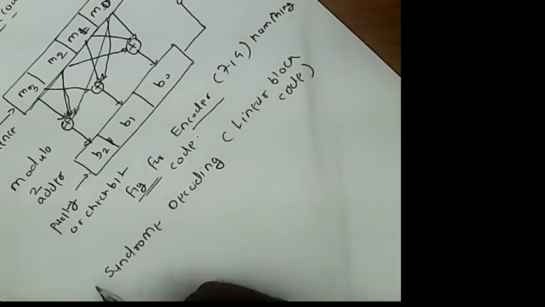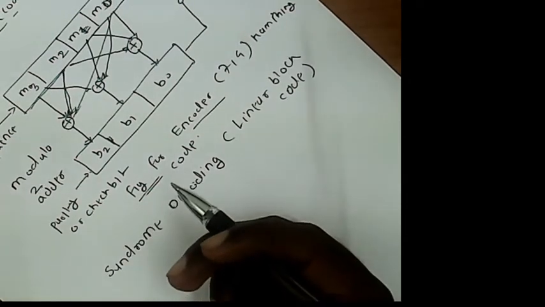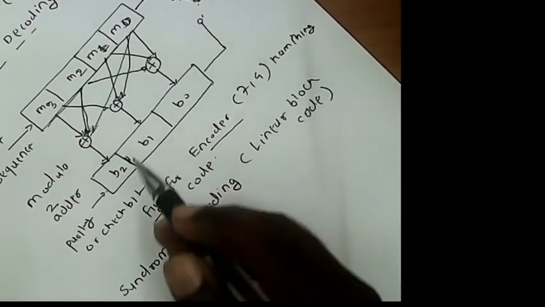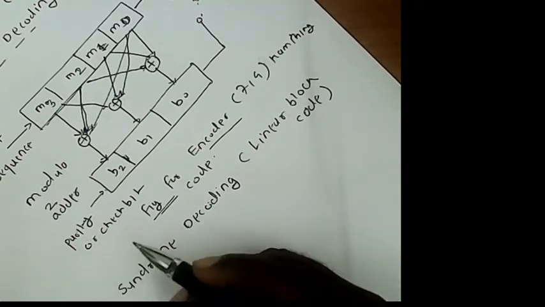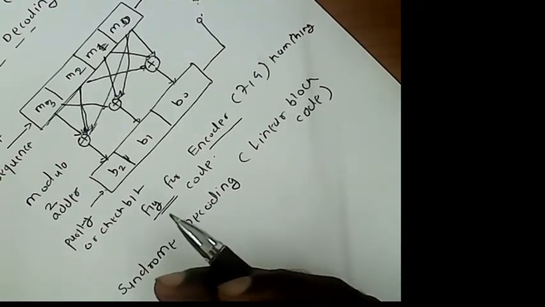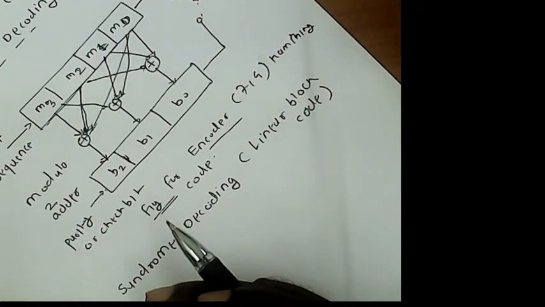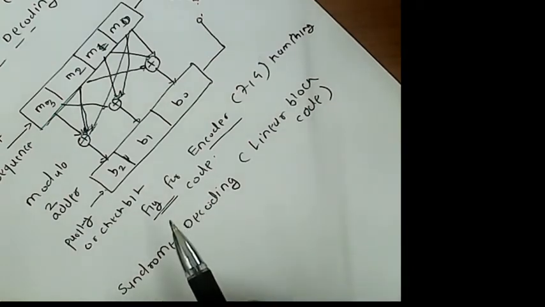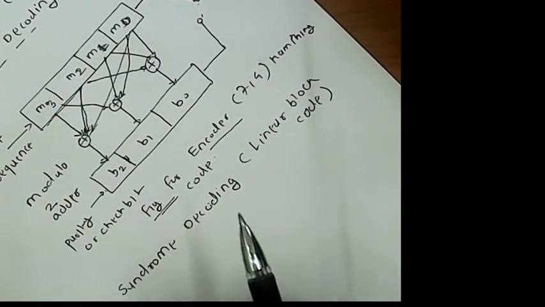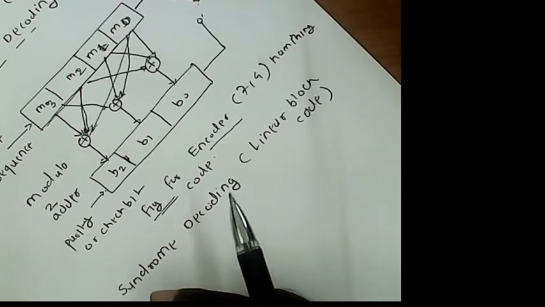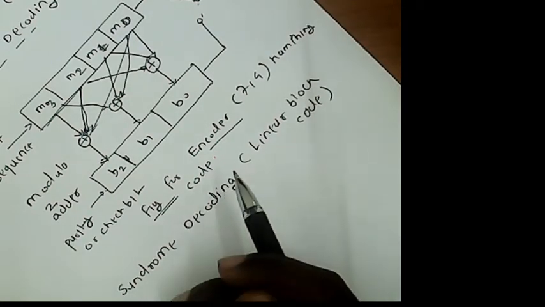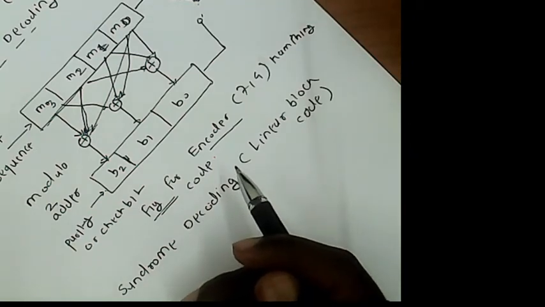In the preceding section we discussed the encoder for the linear block code. Two important things happen at the decoder side: error detection of the received code word, and error correction. The decoding of a linear block code is done by using a special technique.